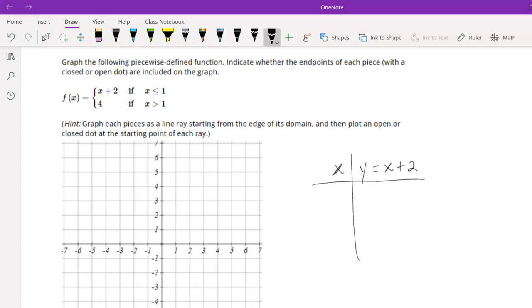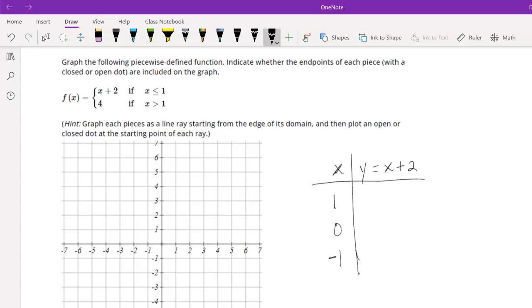And normally when you graph using an x and y table chart, we're going to use 3 points. So here I must make sure that the numbers I include are less than or equal to 1. So I'm going to use 1, 0, and -1.